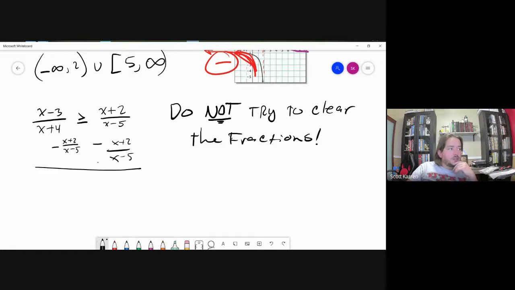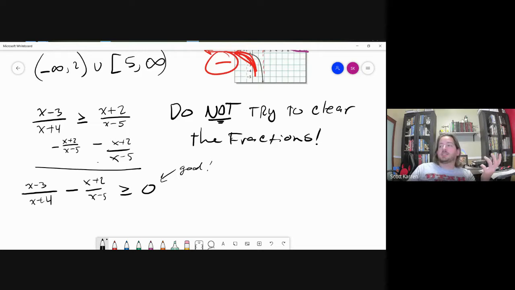But this turns into then x minus 3 over x plus 4 minus x plus 2 over x minus 5, and now is greater than or equal to 0. This is good. That's what I want. I want a 0. On the left-hand side, though, I want one rational expression. So how do I get that?